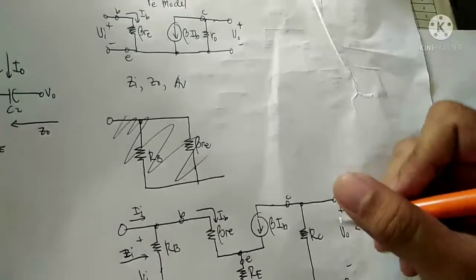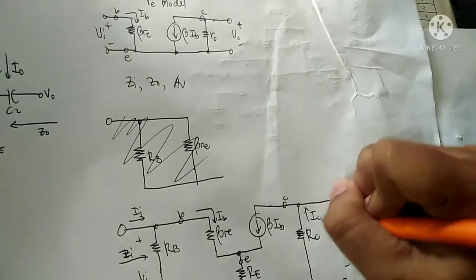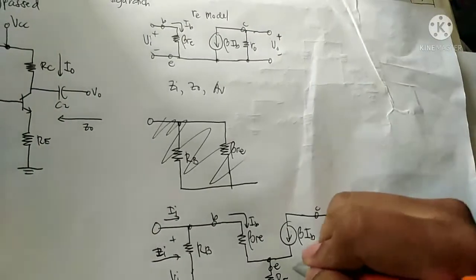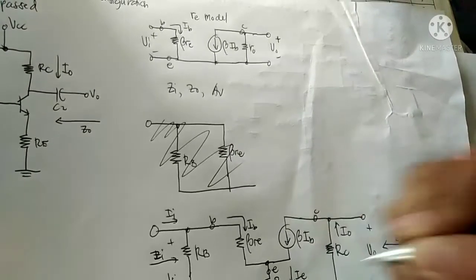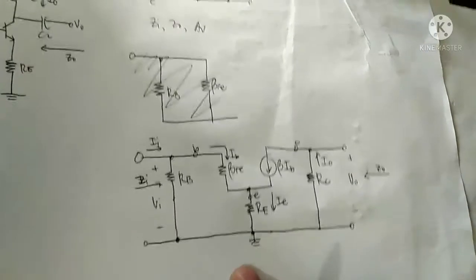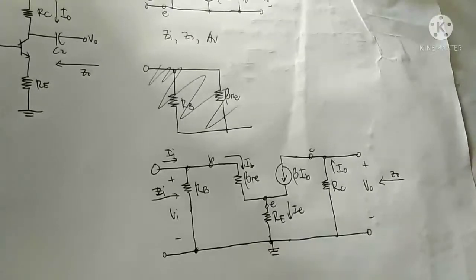Then the output impedance, and the output current io. And this current is ie. So this is the re model of the common emitter bias configuration.